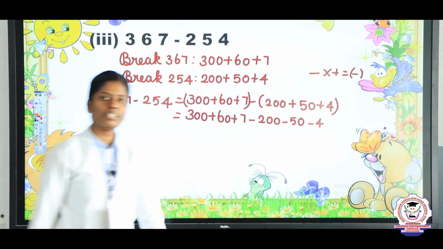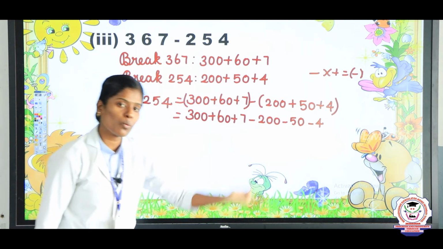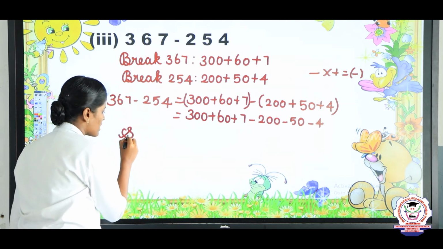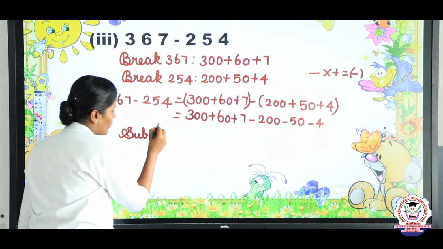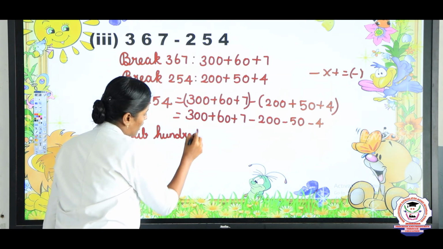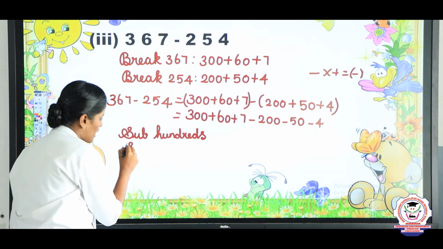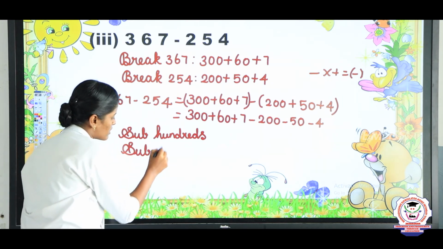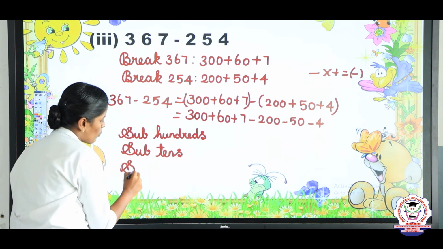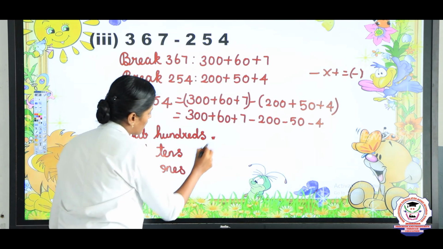And our next step is subtract hundreds values, subtract 10's values and subtract 1's values. So write here sub hundreds, next sub 10's, and then sub 1's.